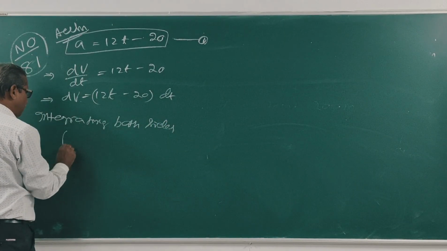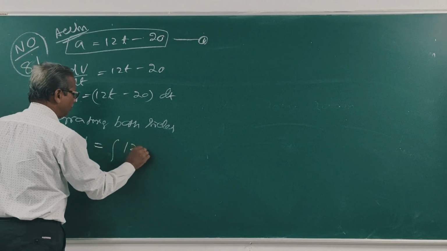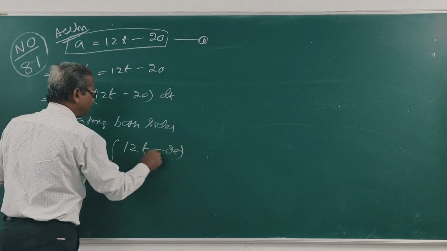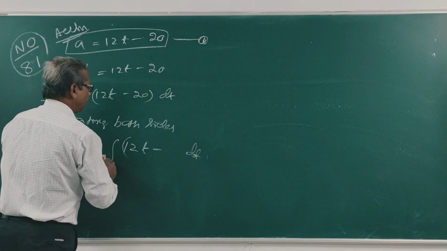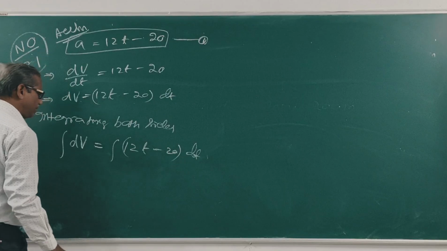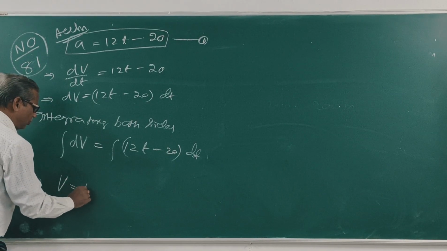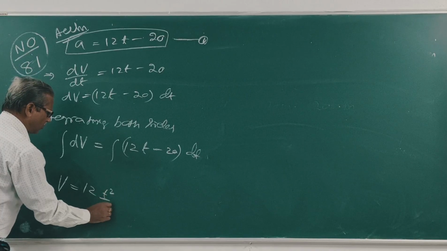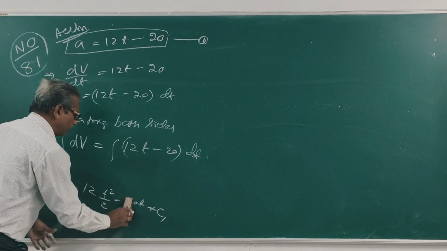So, integration of dv is equal to integration of (12t minus 20) into dt. Right? This implies v is equal to 12 t square by 2 minus 20t plus C1.